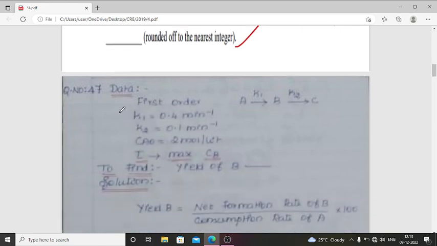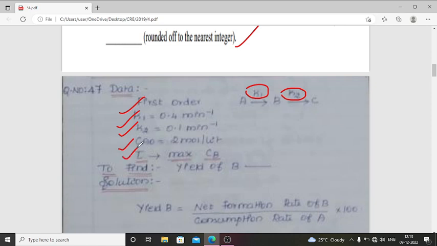Data. First order reaction A gives B gives C. Rate constants K1 and K2. K1 is equal to 0.4 minute power minus 1. K2 is equal to 0.1 minute power minus 1. Ca naught, that is the initial concentration, is 2 mole per liter.